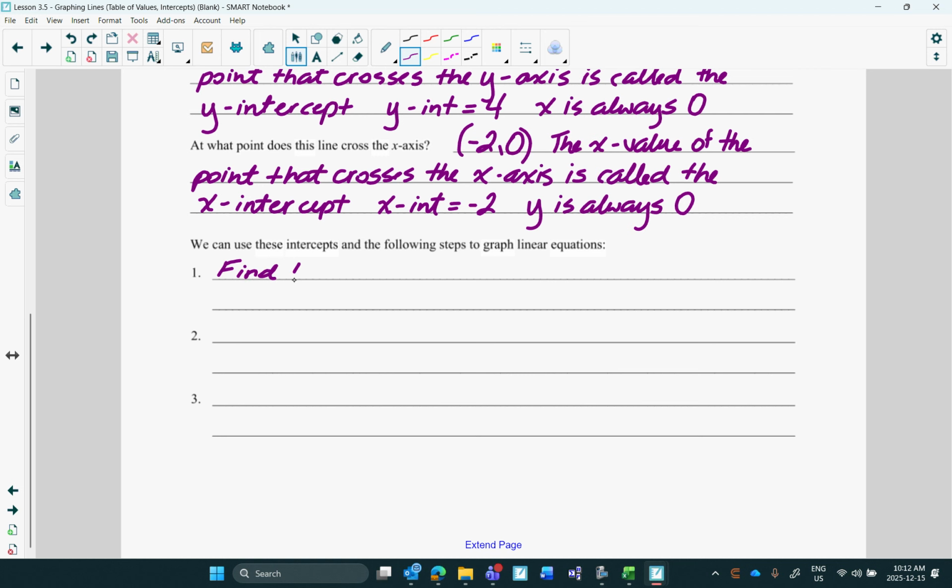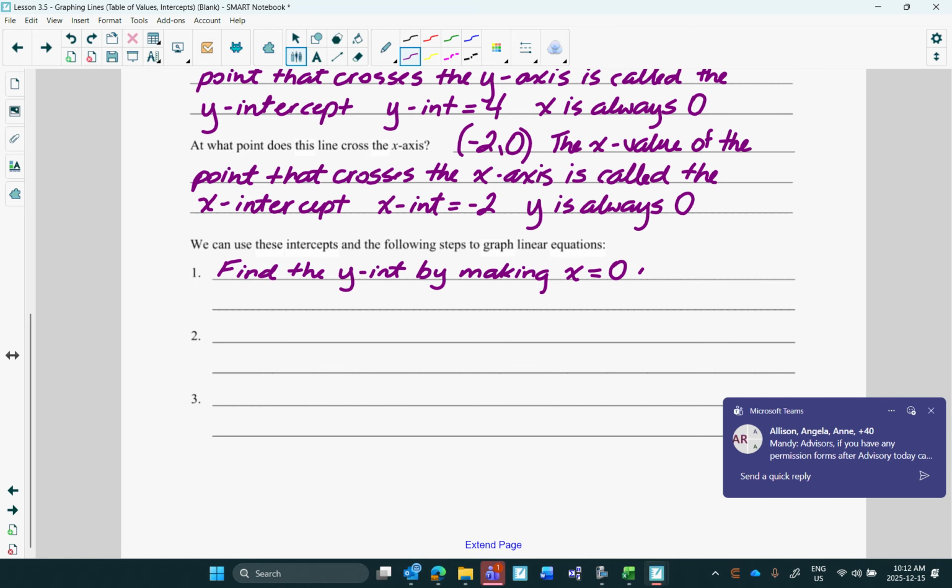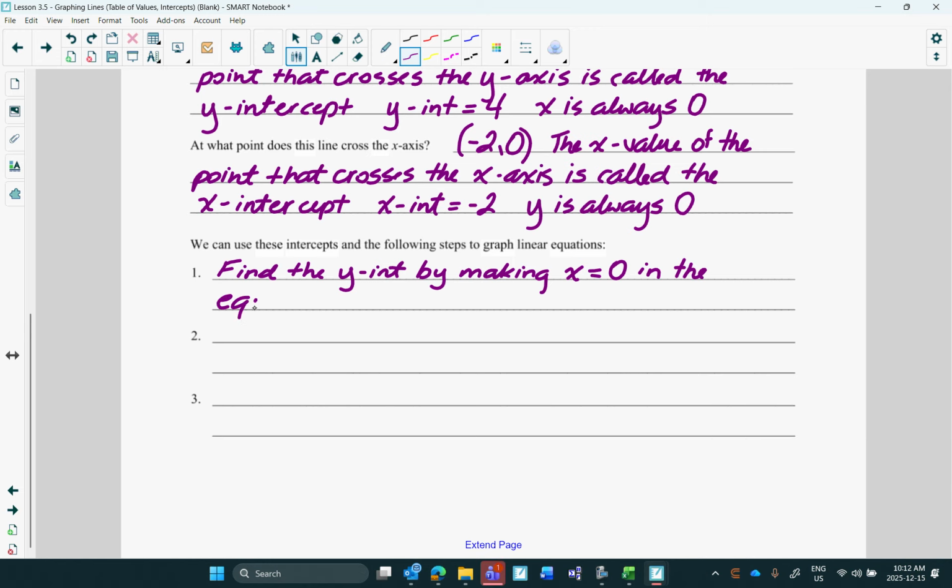So what did we do? Find the y-intercept by making x equals 0 in the equation and solving for y. That's 1 point.